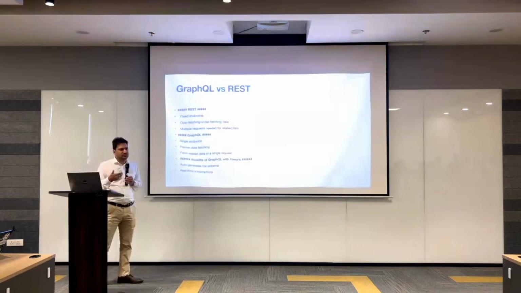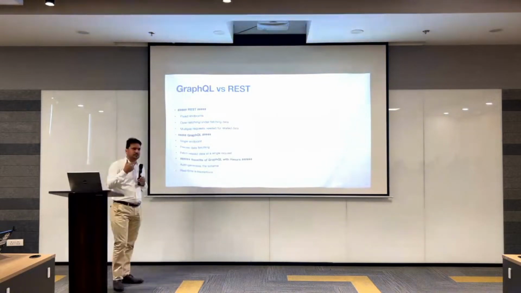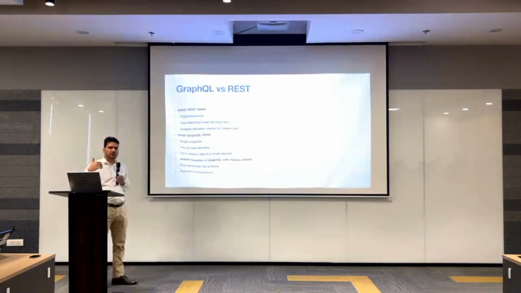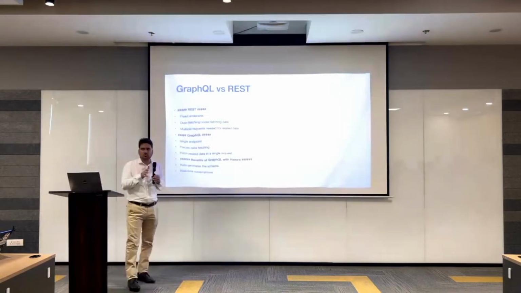Like I mentioned, if the endpoint is returning 100 fields and you need two fields, it's overfetching. It could also be a case where your endpoint gives you limited data, so you have to have another endpoint for the remaining part of the data. So you will have to make multiple requests for related data, because data sometimes is present over multiple tables, right?